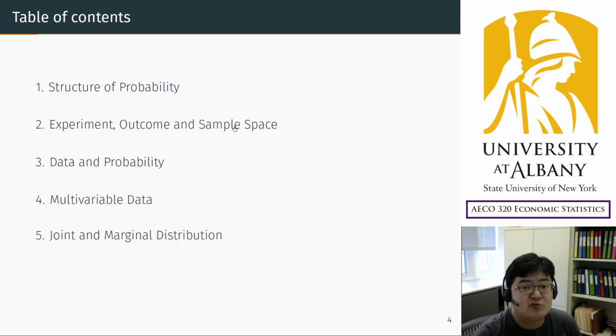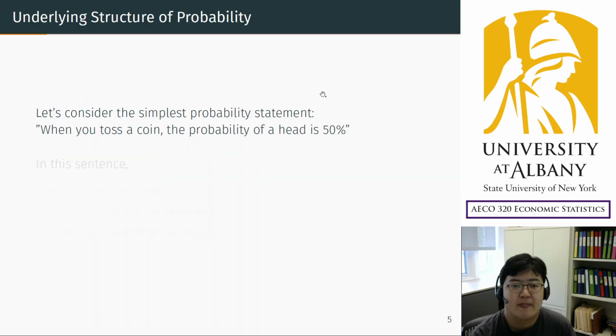So here, this is what we are going to do in the first chapter. Let me start with how we can make a structure to define a probability. So we will make a framework to study probability. Let's start from the simplest possible probability, which is exactly what you have in mind.